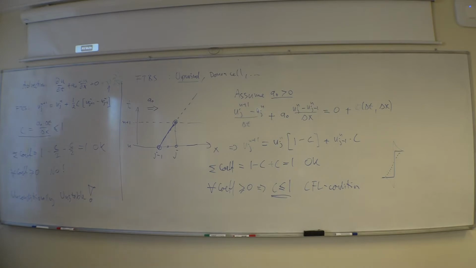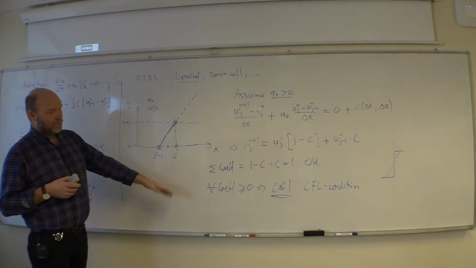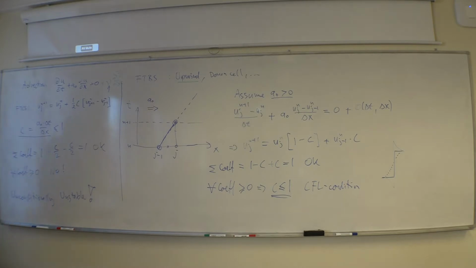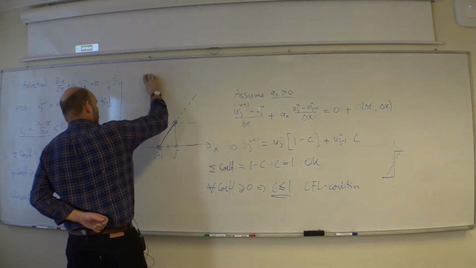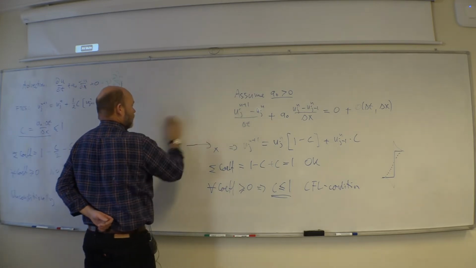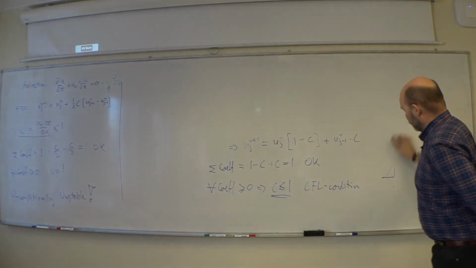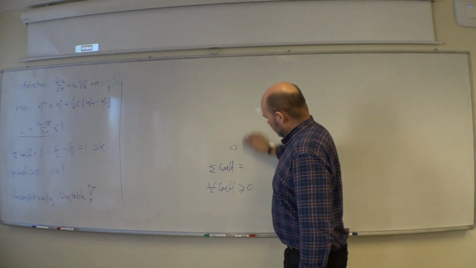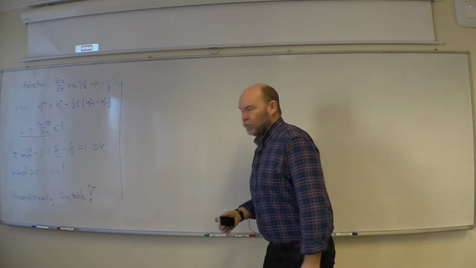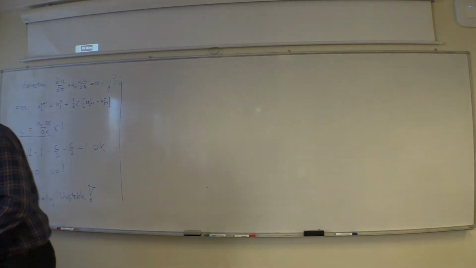Instead of choosing this first order upwind scheme, which is stable, but at a nasty price, we could have chosen something else. There is a rumor saying that if you switch the time derivative scheme, instead of a forward time, you use a backward time, that one is unconditionally stable.